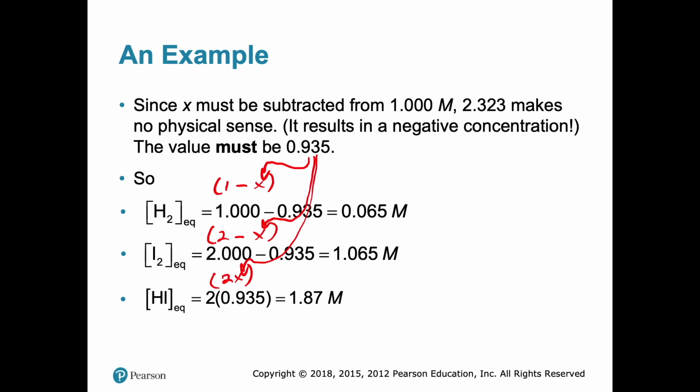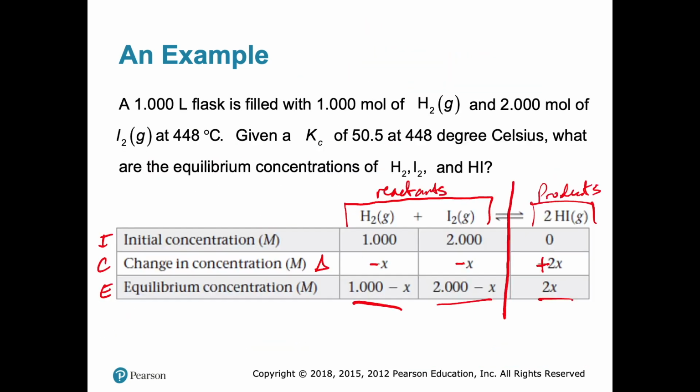Isn't this amazing? It's so cool. And you know what else is cool? When you look at what it was originally, this is what you had right here as the equilibrium, with all these x's.